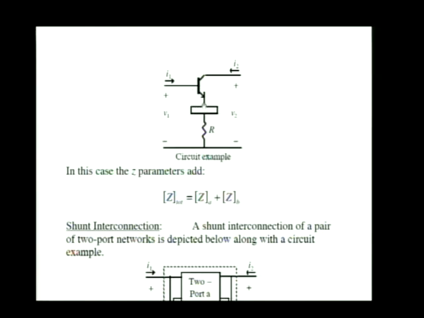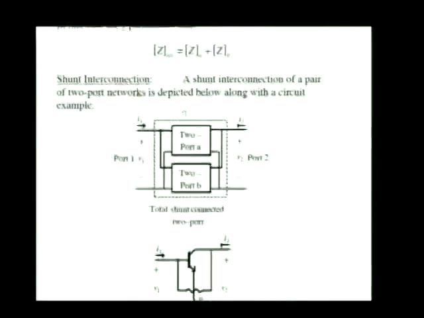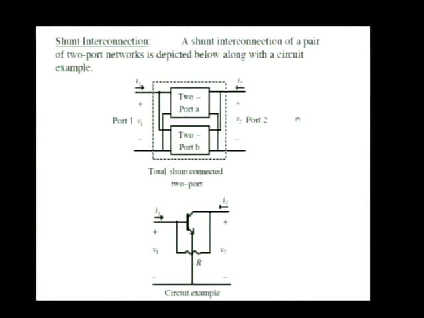Otherwise, for purposes of circuit analysis, you could just draw that as a single straight piece of wire connecting the emitter to the resistor. Okay, so that's a very common type of circuit, and if you knew the Z parameters of the transistor and the Z parameters of the resistor, just add them together to come up with the Z parameters of the overall transistor with a shunt emitter resistor.